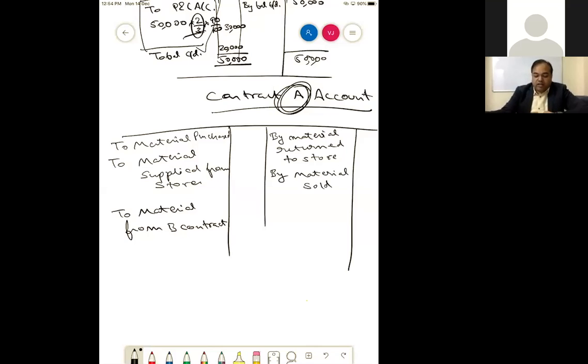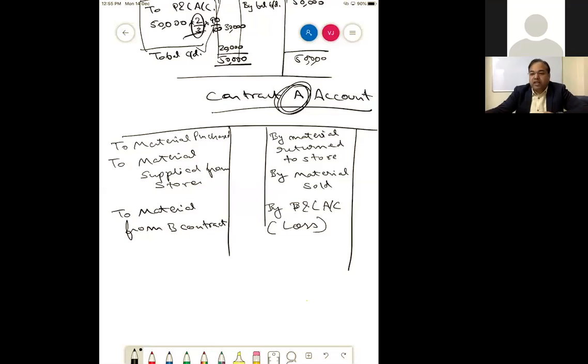Then if there is loss on material sold, if you bear the loss, then that loss would be transferred from here "by PL account". In bracket I am writing loss so that you know that when it is loss you write it on right hand side.